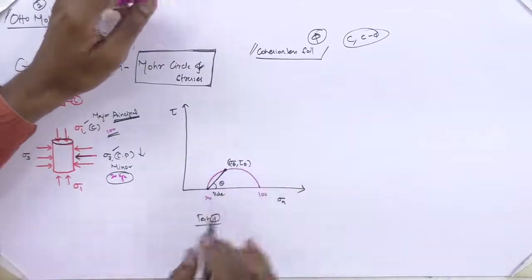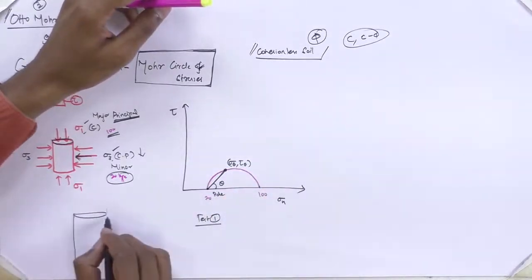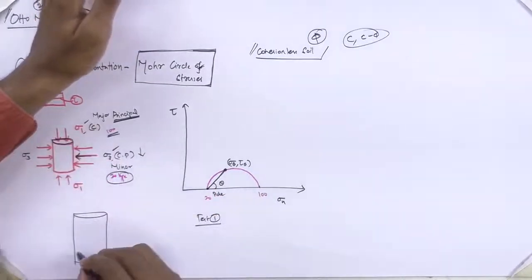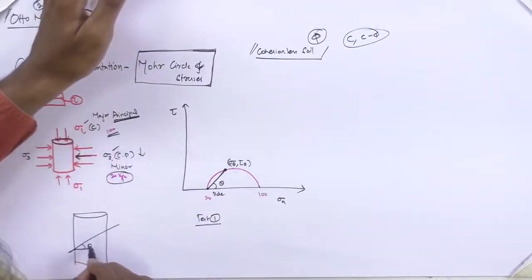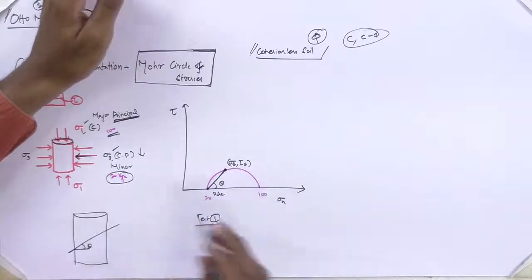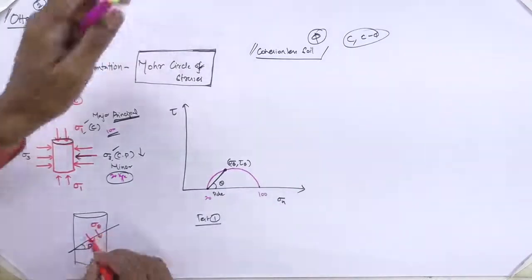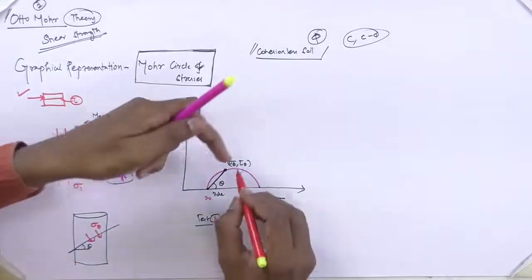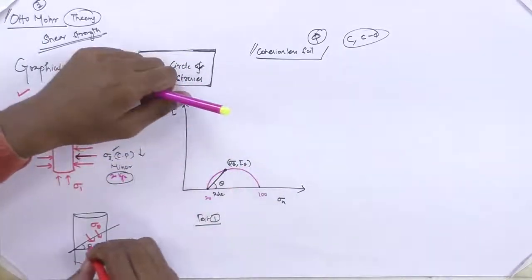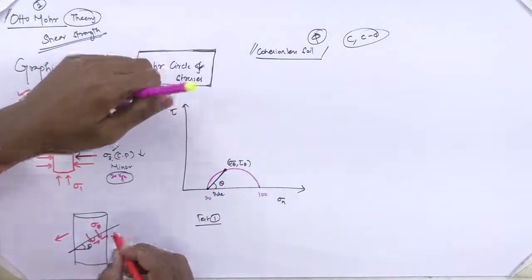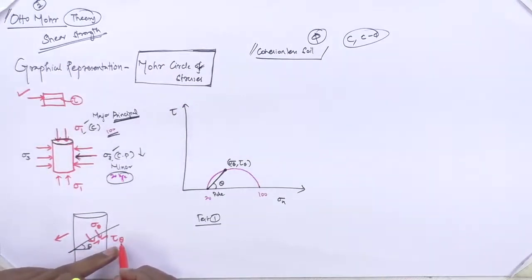If you draw this theta plane in the soil specimen, sigma theta refers to the normal load acting on this plane, whereas tau theta is developing in the direction opposite to the sliding direction.